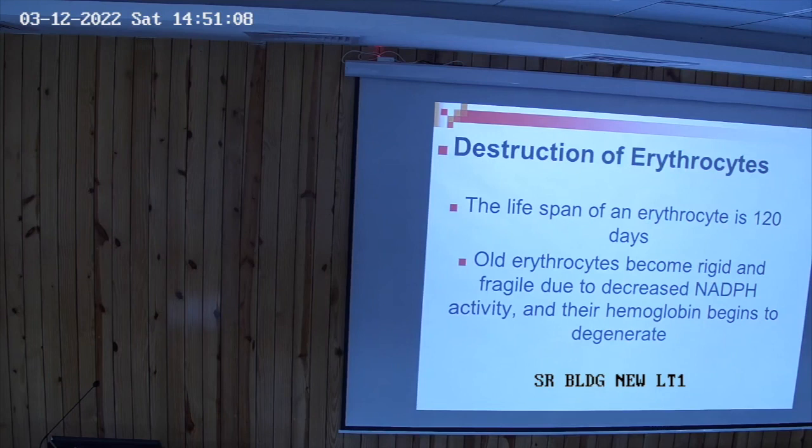The globin portion is made up of amino acids basically, so these are again reutilized. That is a separate story, but broadly we are mainly concerned with the heme. And what happens to the heme? The iron gets recycled again, and what remains is the protoporphyrin ring. Now this protoporphyrin ring opens up, gets straightened up, converted into biliverdin, and this biliverdin further gets converted into bilirubin, and that is further taken by the GI system and results in urobilinogen.